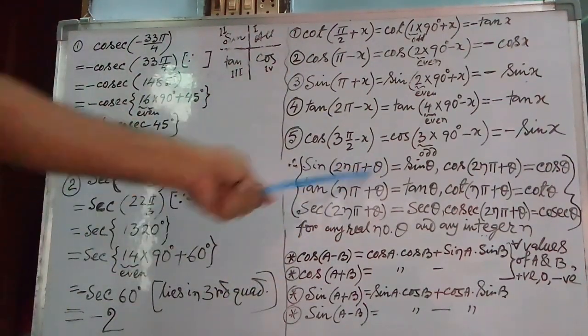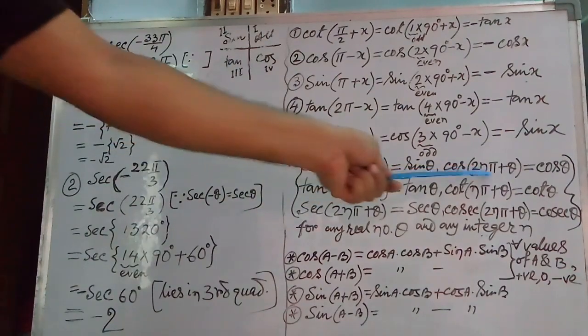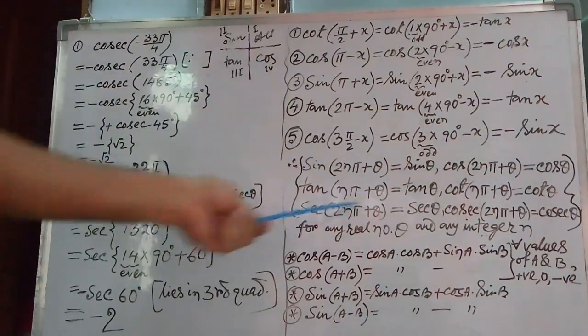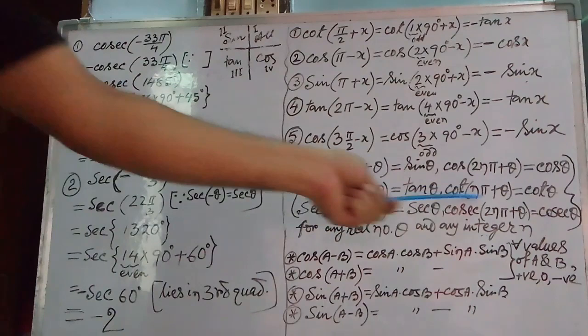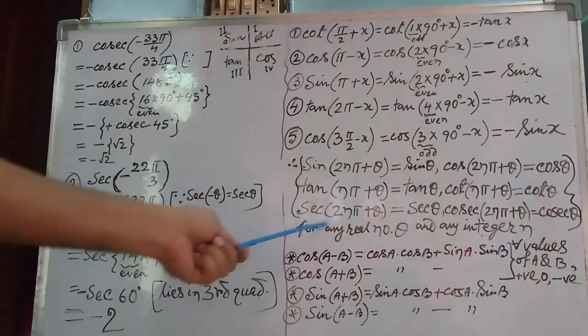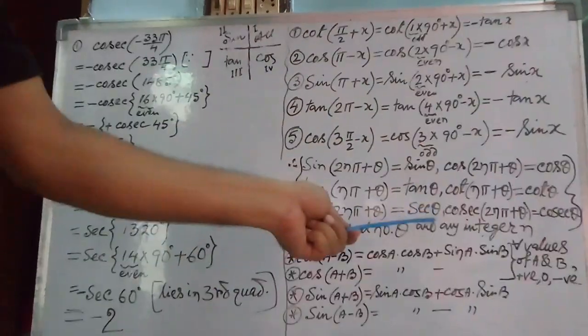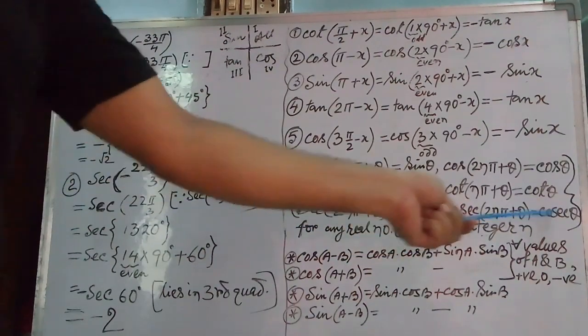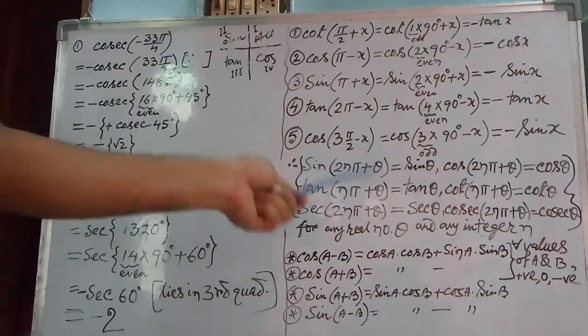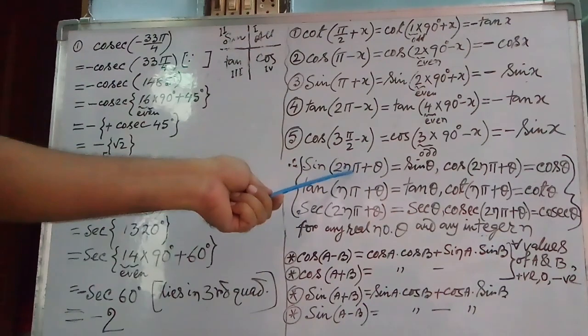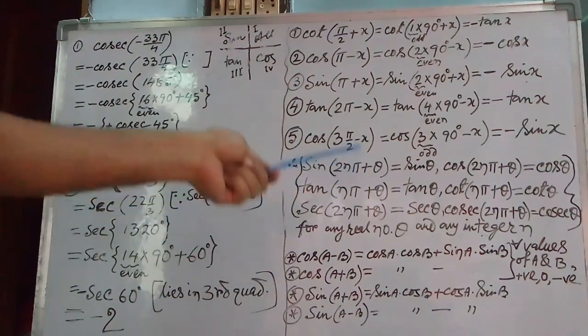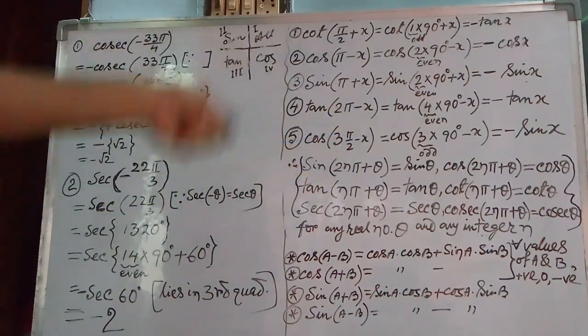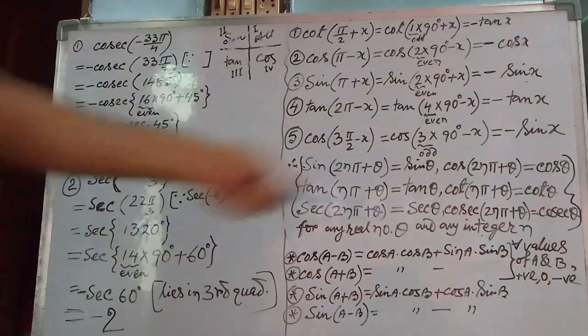Put any value and you will get sin theta. Cos of 2n pi plus theta is equal to cos theta. Tan of n pi plus theta is equal to tan theta, and cot of n pi plus theta is equal to cot theta. Sec of 2n pi plus theta is equal to sec theta, and cosec of 2n pi plus theta is equal to cosec theta. You put any real number theta and any integer n, and in the same way you will get all these results.